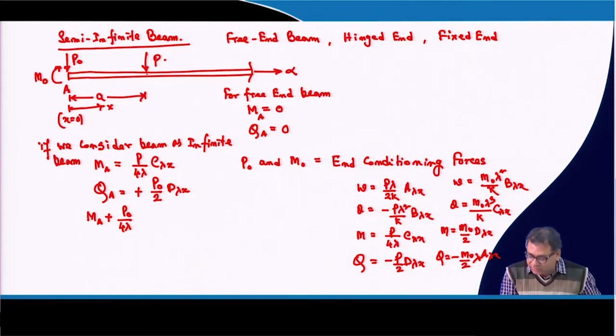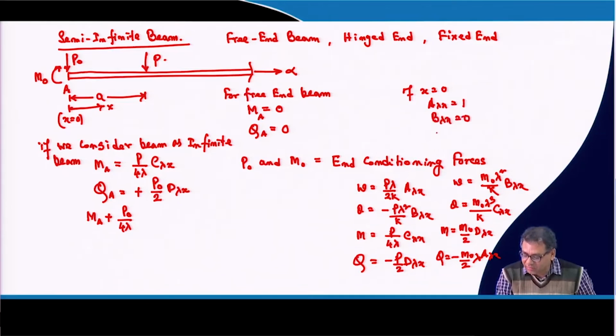So at x equal to 0, C lambda x will be 1, because C lambda x is cos lambda x minus sin lambda x. Sin 0 is 0 and cos 0 is 1. So if x equal to 0, always remember that A lambda x equal to 1, B lambda x equal to 0, C lambda x equal to 1, D lambda x equal to 1.